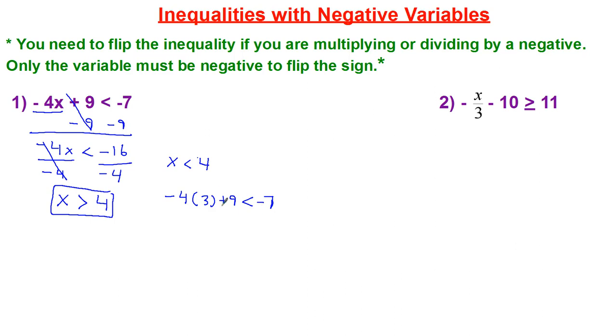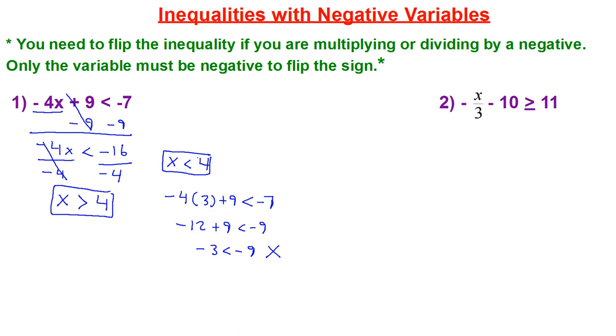Let's see if that's true. This is negative 12 plus 9 is less than negative 7. Now this is negative 3 is less than negative 7. Is that true? Is negative 3 less than negative 7? No, it's not. That's why this could not have been correct.